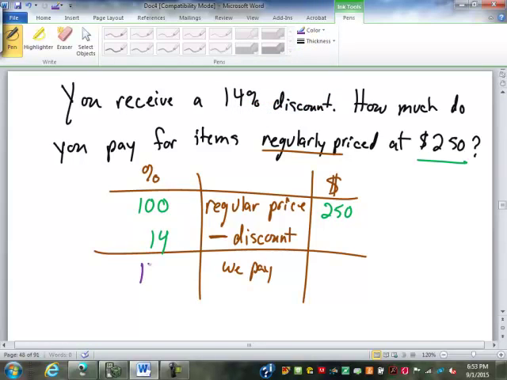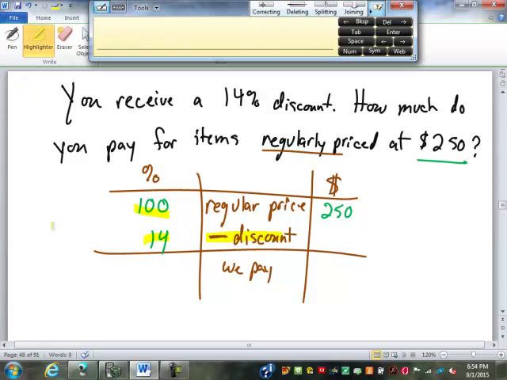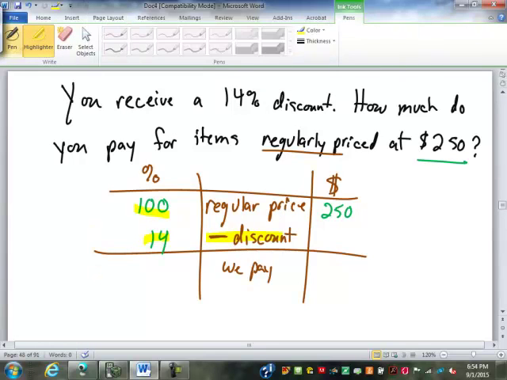The 114 over here is 100% plus 14% gives me 114% is what? No, actually, I screwed that up. That's wrong, Cody. We're not adding here. We are subtracting. So what's that get to be? You almost had me there, bud. 86. Sorry about that. 100 minus 14 is 86.